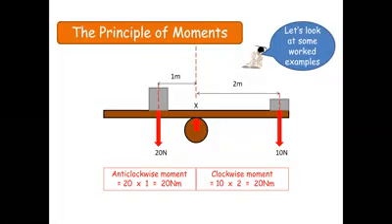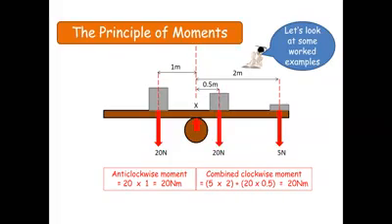Let's look at some worked examples. This is a beam that is balanced on a pivot at center X, and our anti-clockwise force applied to it is 20 newtons, with a perpendicular distance of 1 meter from the pivot.